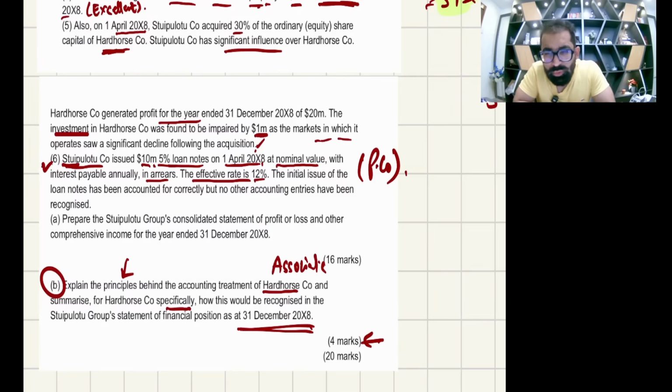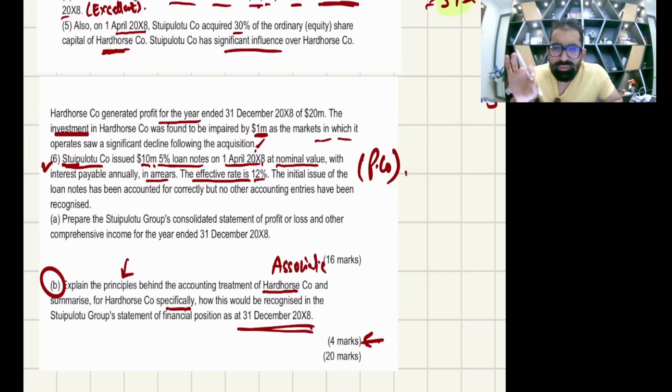If you have done IFRS 9, you know that IFRS 9 says to book interest expense using the effective interest rate, because the effective interest rate effectively includes everything: premium on redemption, discounts, issue cost, everything.